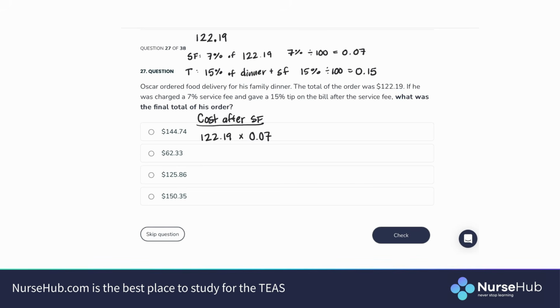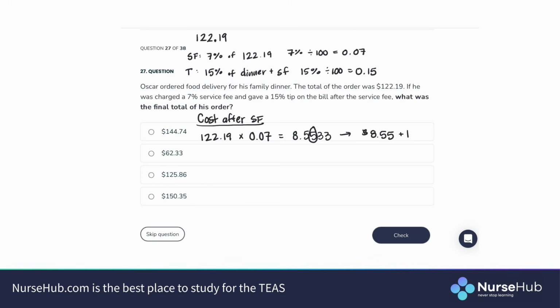So $122.19 times 0.07 is going to equal 8.5533. Remember, this is money, so we're going to go to the second decimal place. So that's $8.55. So now I'm going to add this on to the amount.